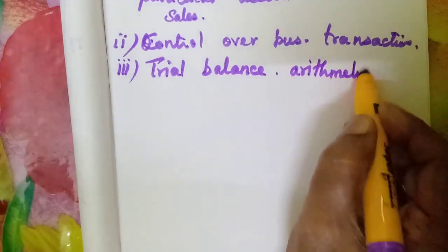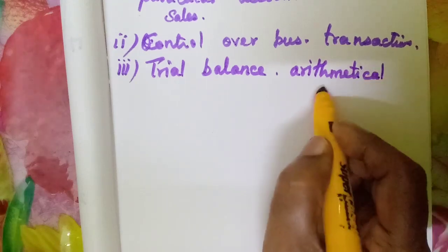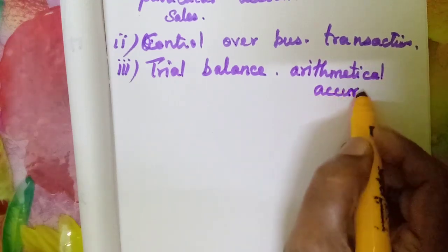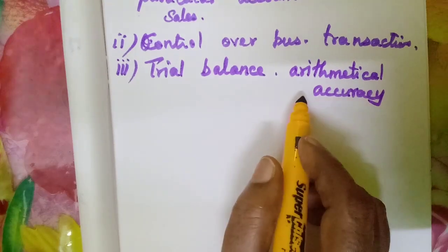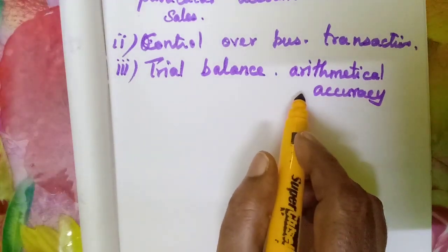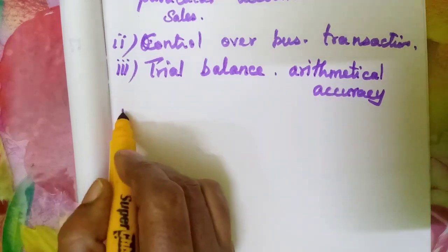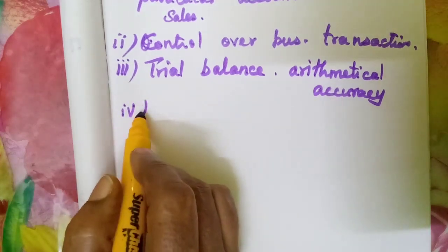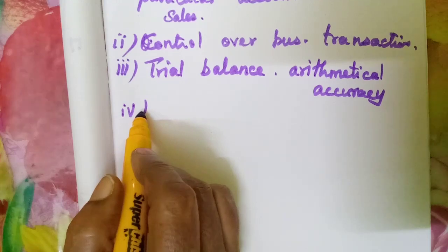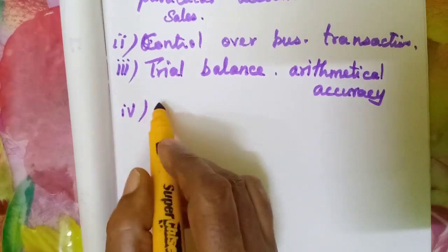If we have prepared the trial balance and it tallies, then we can conclude that the calculations we have done up to the trial balance are correct. Then the fourth utility is that it helps to prepare financial statements.